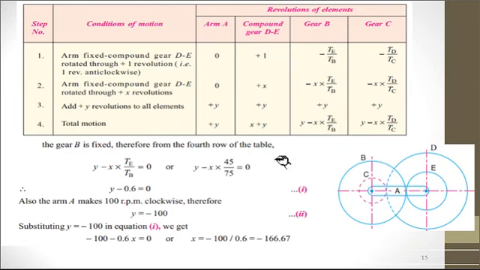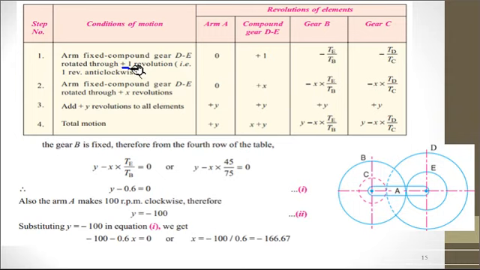So from that condition, first we write: arm is fixed, compound gear DE rotates plus 1 revolution. Here we are assuming that initially the gear wheel is rotating in the anti-clockwise direction.